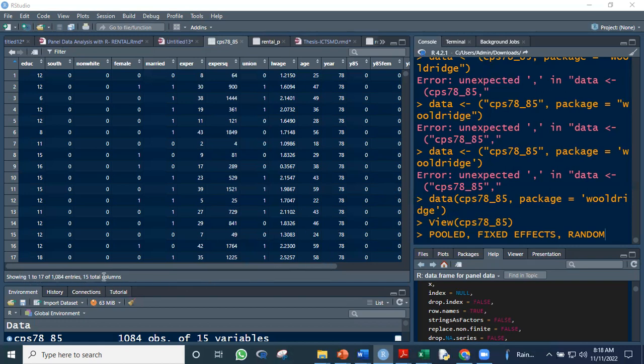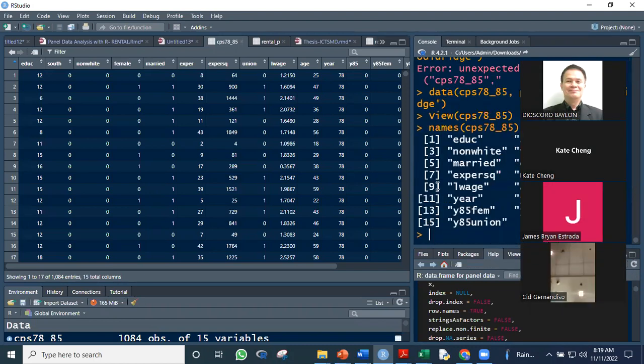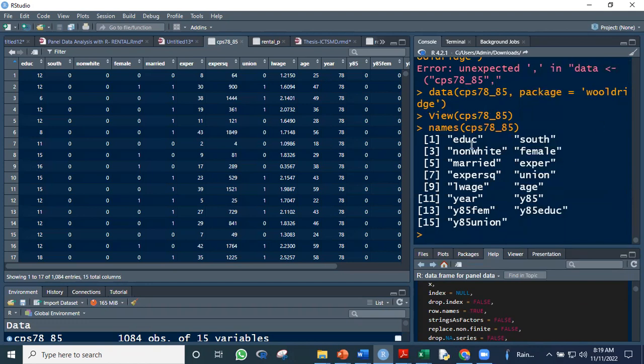So there are 15 variables here, 1,084 entries. What are these variables? Let's take a look at the names. We have CPS 78. These are our variables: education, age, etc. This is similar to the data we were working on, with log wage.